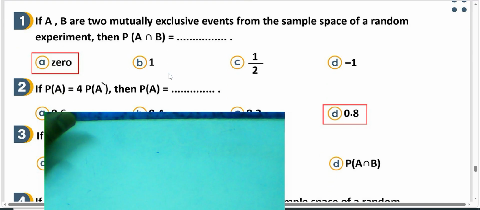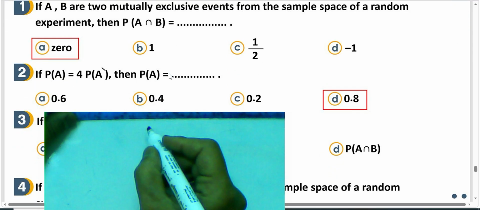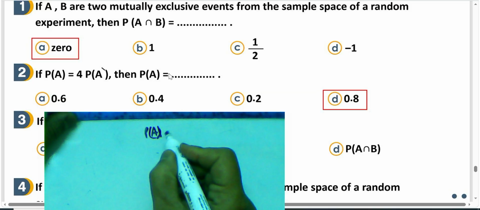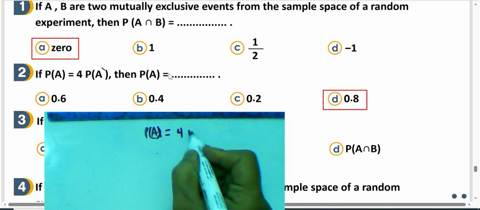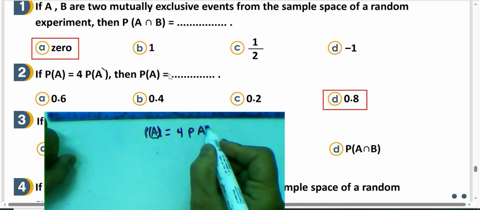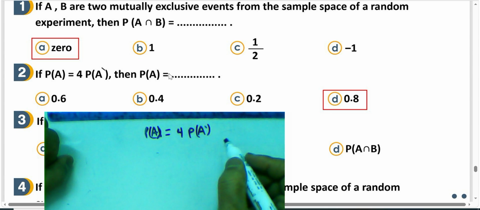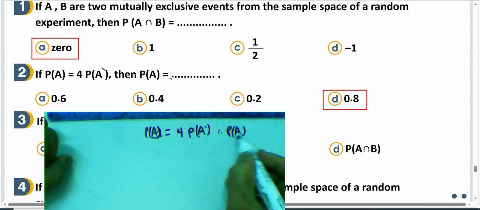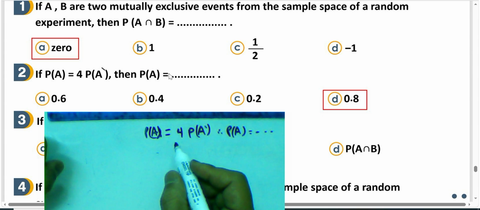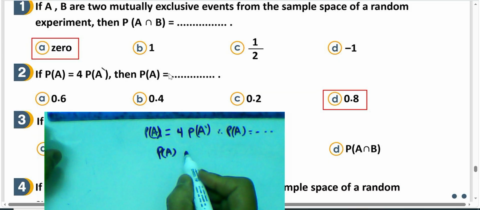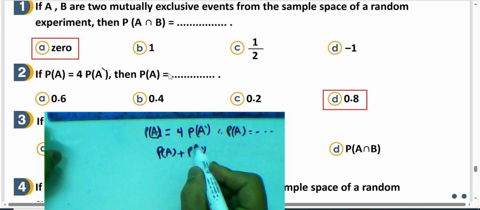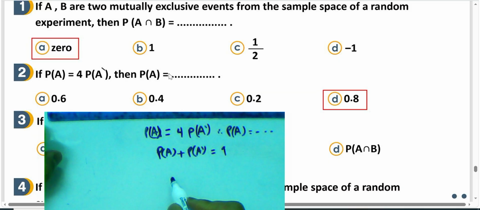Number 2, if probability of A is equivalent to 4 times the probability of the complement of A, what's the probability of A? We can solve this example by finding the relation between probability of A and probability of A complement. The summation between them together equals 1.